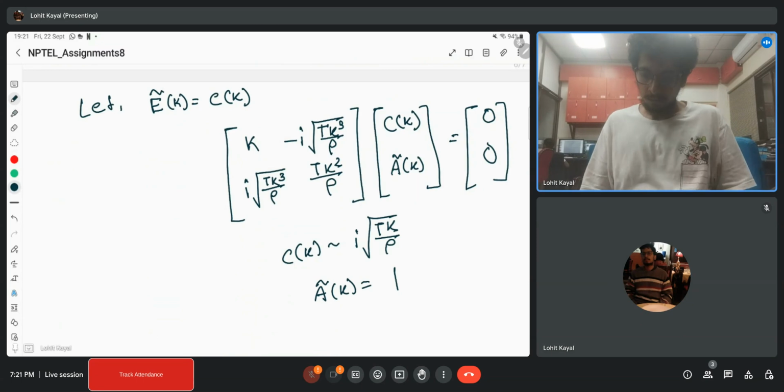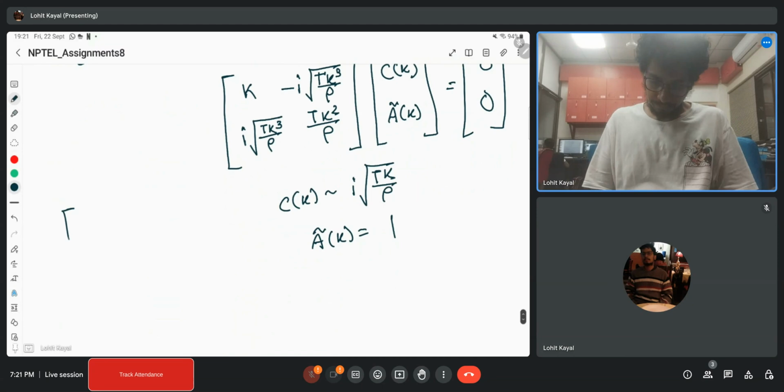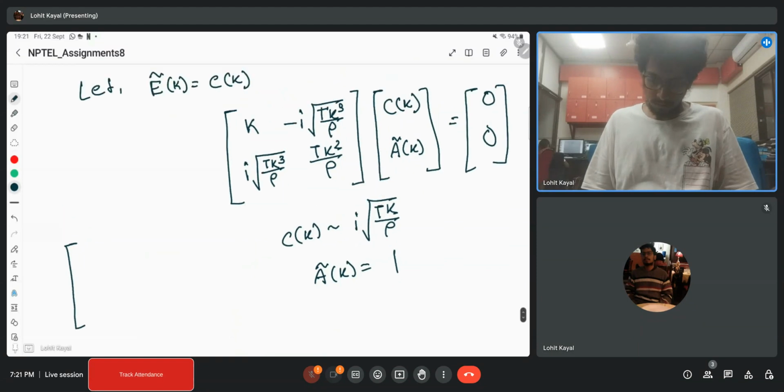So one solution can be e tilde equal to 1.